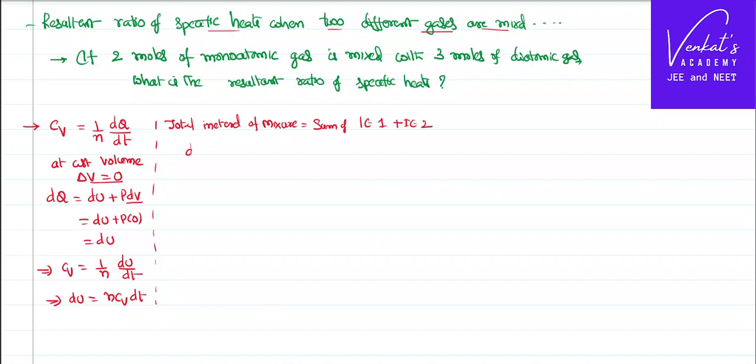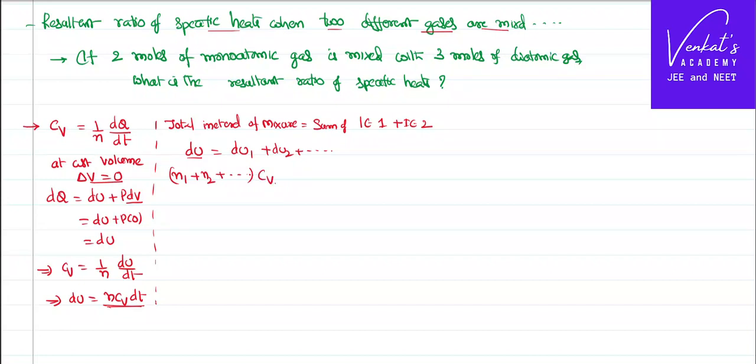What I mean to say is, total du is the internal energy of the first one plus the second one, and in general, whatever the number is. So in the place of du, I can write n Cv dt, meaning total du means total n. Let n1 be the number of moles of the first gas, n2 of the second gas, and so on.